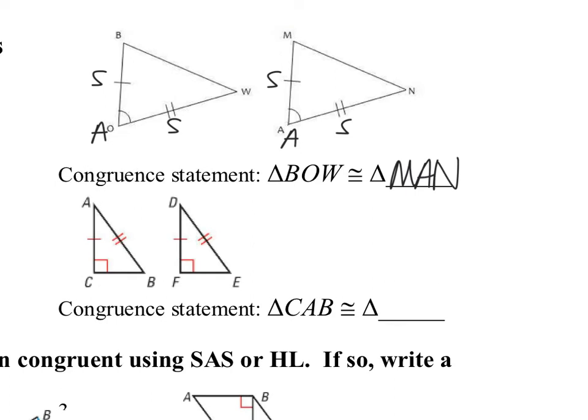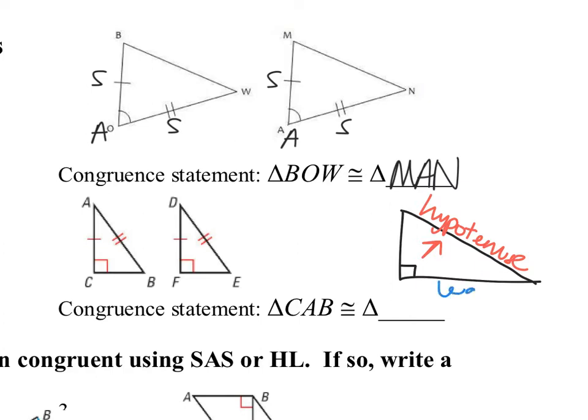So if you forgot how right triangles work, you've got your right angle, the side that's directly across from the right angle is called the hypotenuse. And then the two sides that touch the right angle are called legs. So when I say hypotenuse leg, I'm talking about those two sides.